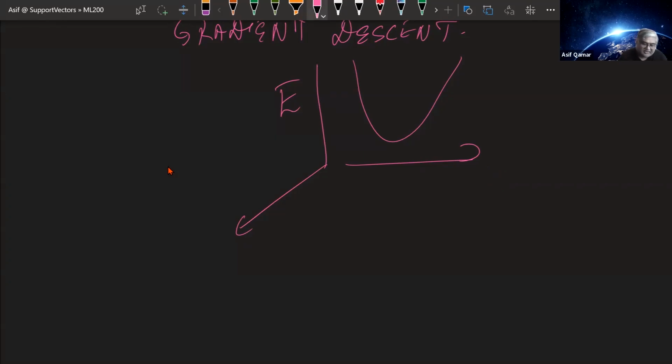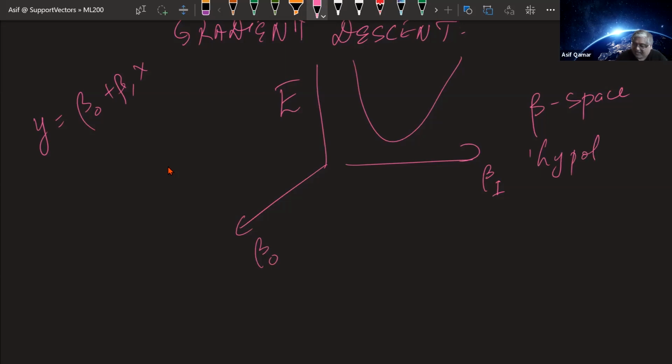Suppose you write the equation of a line as beta naught plus beta 1x. Then in your hypothesis space, which is the beta space, I always call it the parameter space or the hypothesis space.